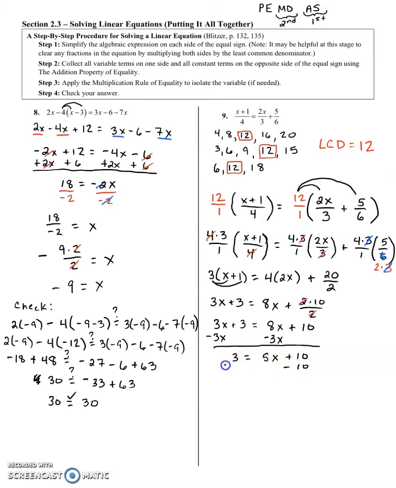Subtract 10 from both sides. We're left with negative 7 equals 5x. And now we divide both sides of the equation by 5. So negative 7/5 equals x.